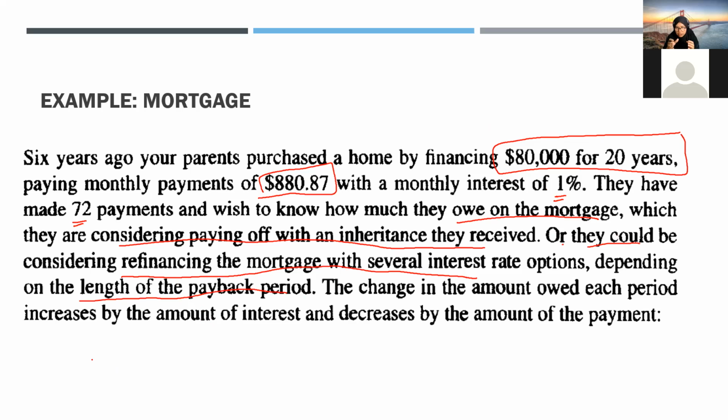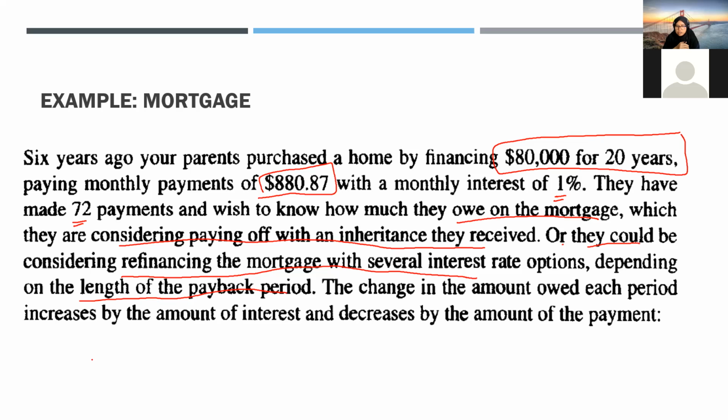Contoh 20 tahun yang asalnya 20 tahun, kemungkinan mereka nak singkatkan kepada 10 tahun, ataupun 15 tahun. Ataupun mungkin dia orang nak cuba kurangkan interest rate. Contoh, kalau dia bayar 1,000, interest rate dia lagi kurang. Contoh saya bagilah.